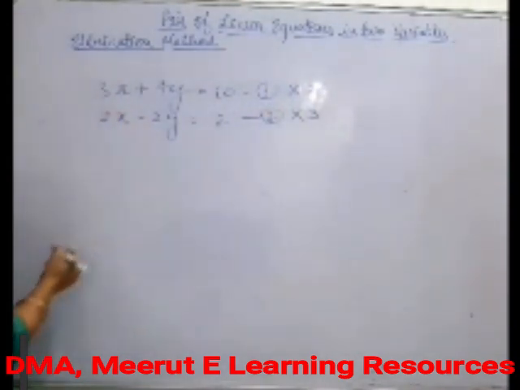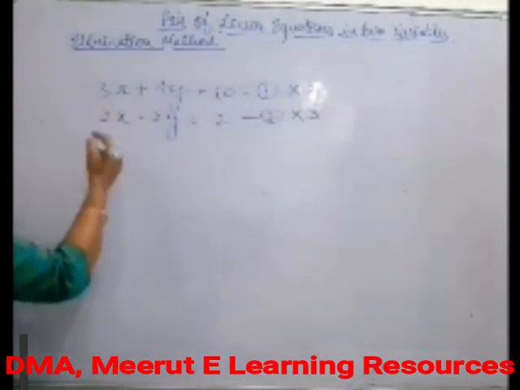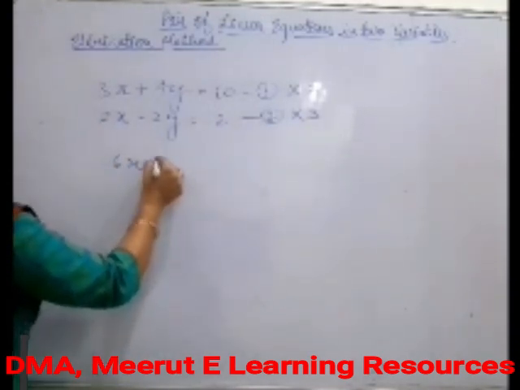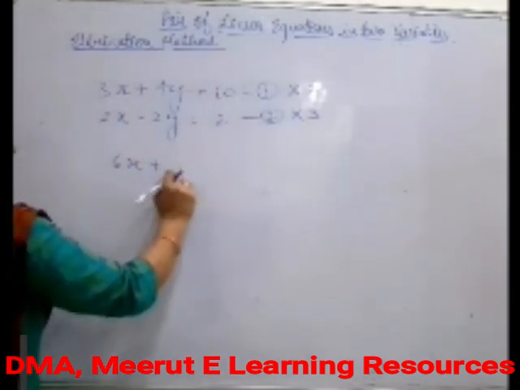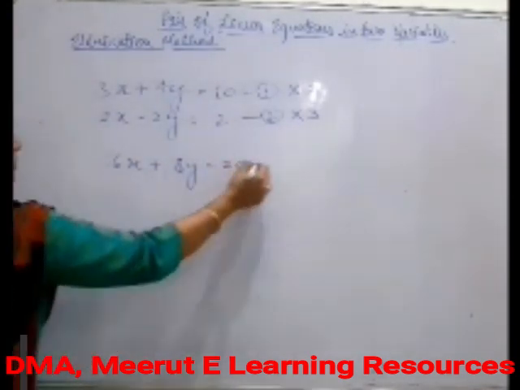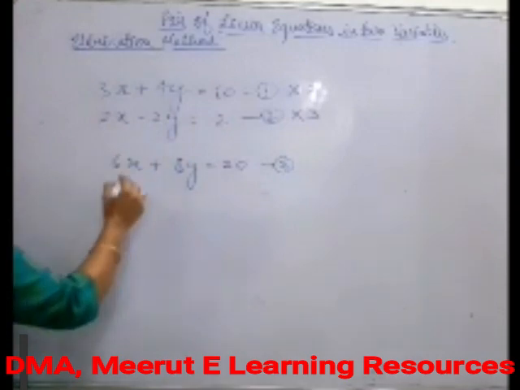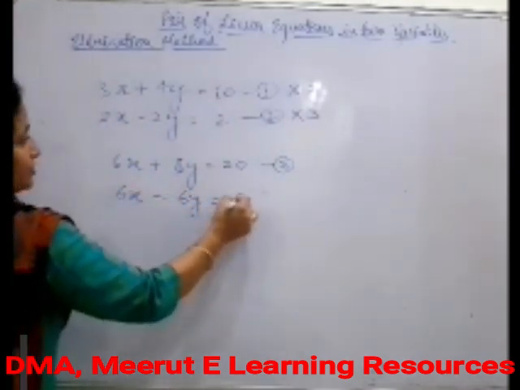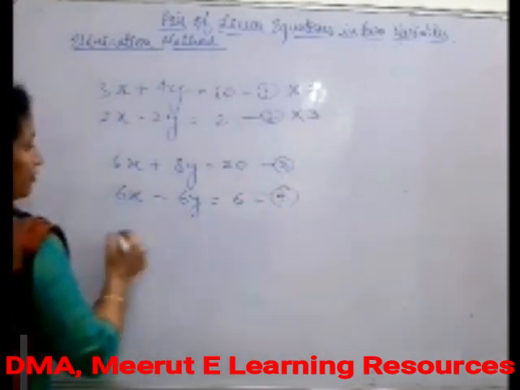So I will get a new pair of equivalent equations. 2 3s are 6, so 6x plus 8y equals 20. I will name it equation number 3. Then 6x minus 6y equals 6, and this is equation number 4.